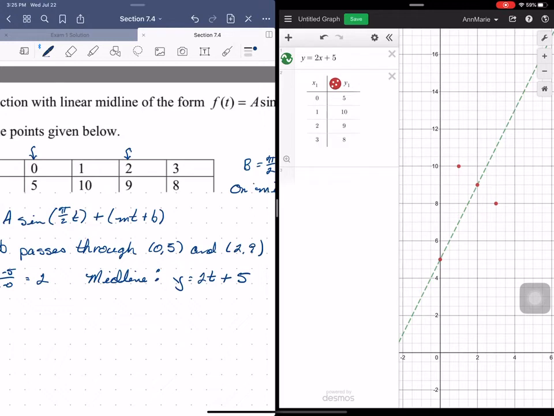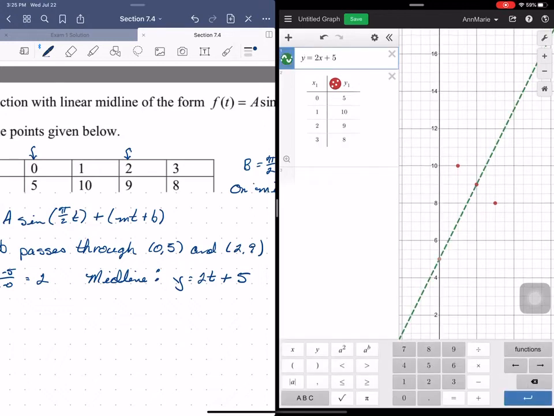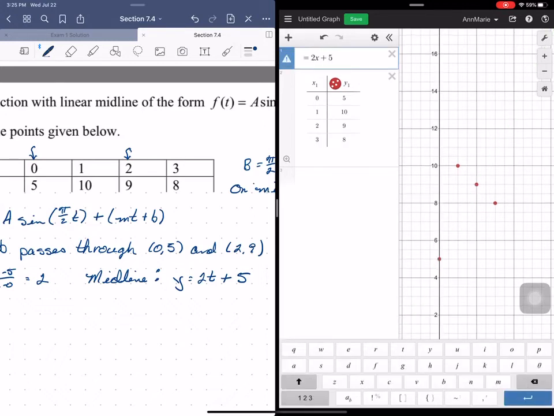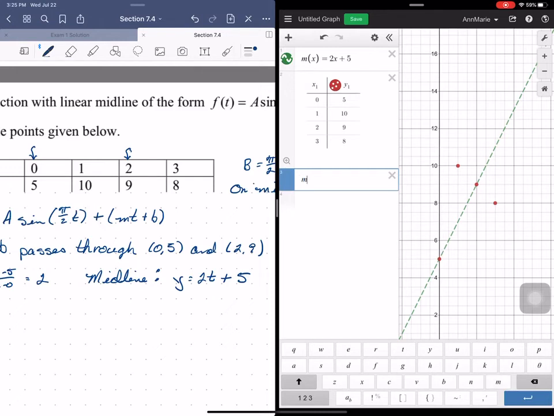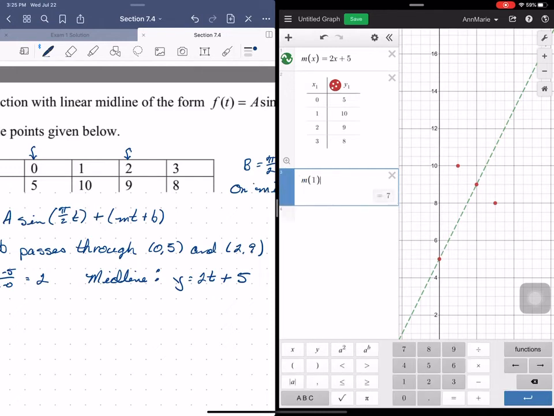And I'm going to actually give this thing a name. I'm just going to name it m of x. M for midline. Okay. And I did that because I want to know what is m of 1. And this is just an easy way to get Desmos to do that for me. So 7, which means that the point 1, 7 is on my midline.